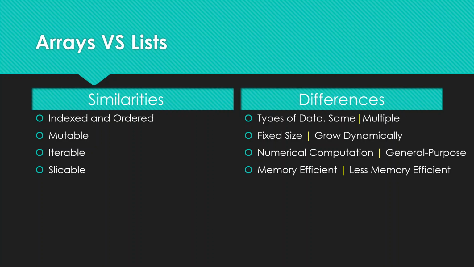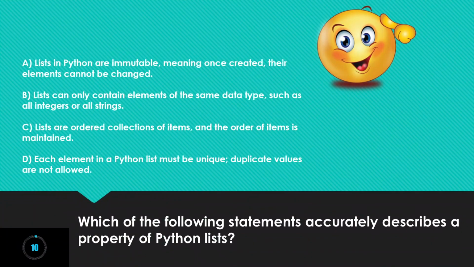But for arrays, it will just have the exact, and it's easy to calculate what memory is needed for the array compared to lists. Okay, so you can give this a try.